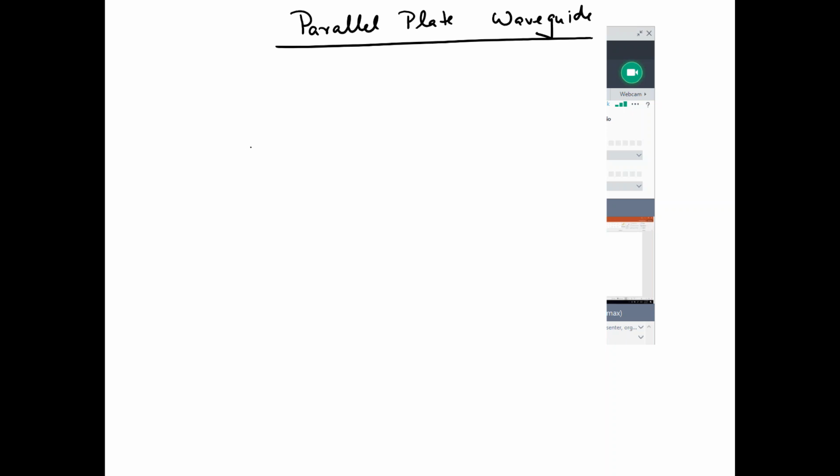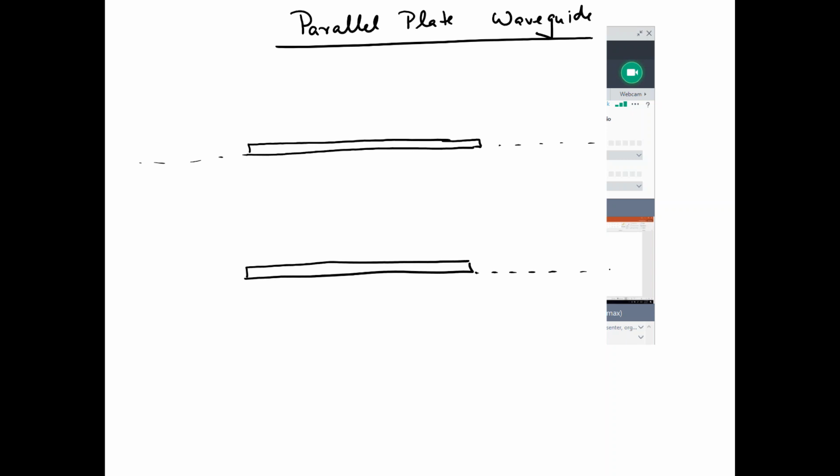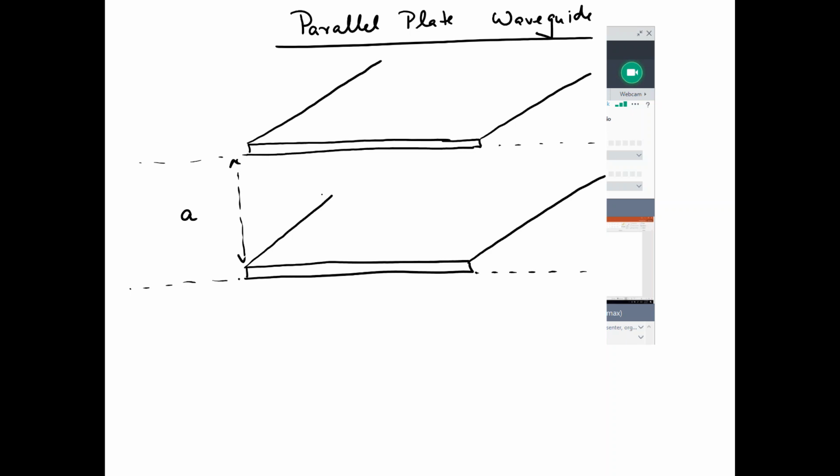I have two conductors which are very large in one plane, such that they are separated by a certain distance, a, and these conductors are extending in my z direction.